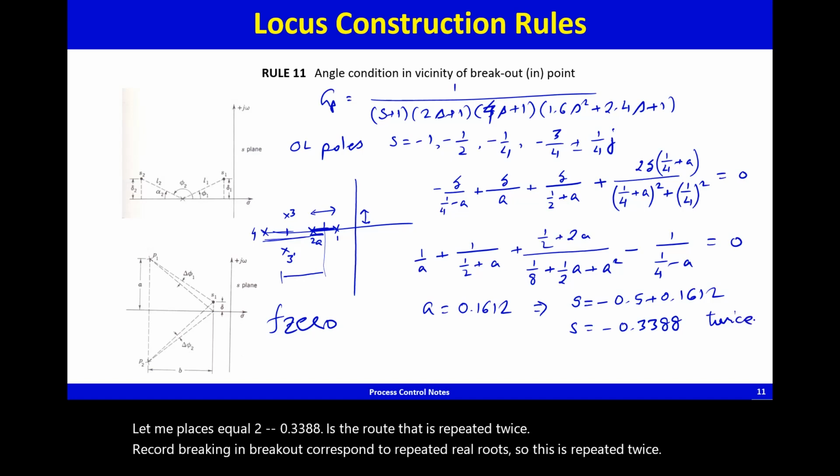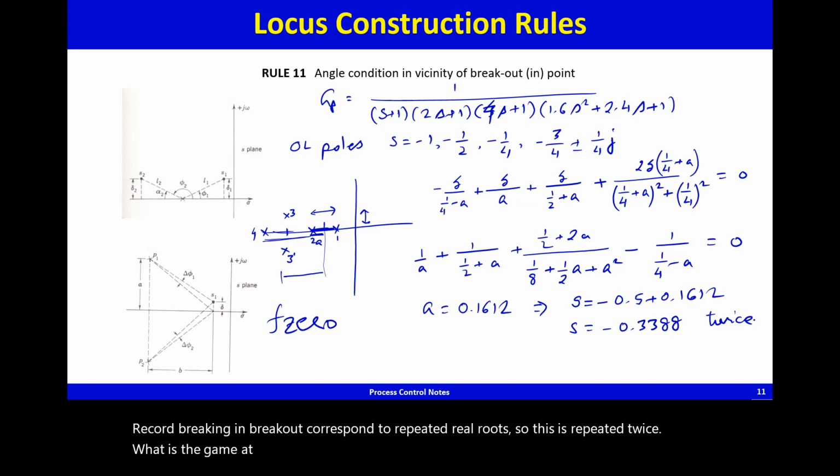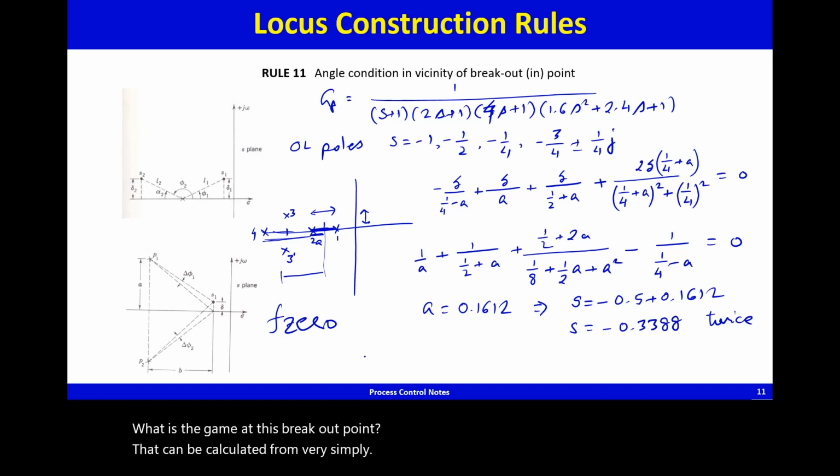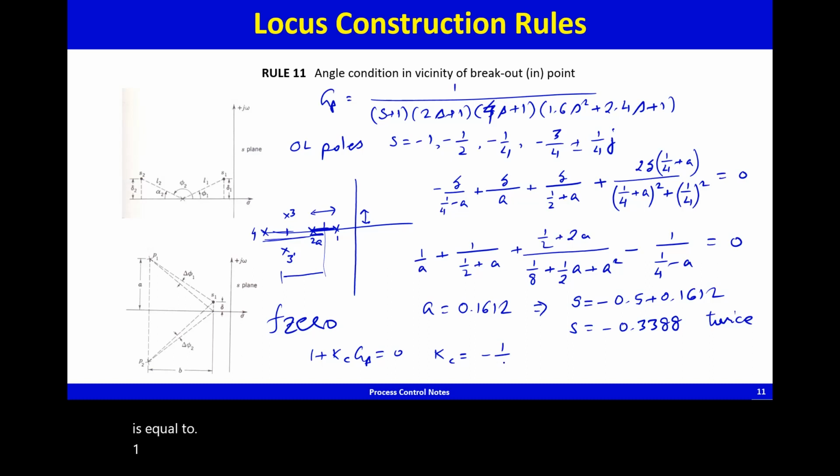What is the gain at this breakout point? That can be calculated very simply from one plus Kc Gp is equal to 0. Therefore, Kc is equal to minus 1 by Gp.